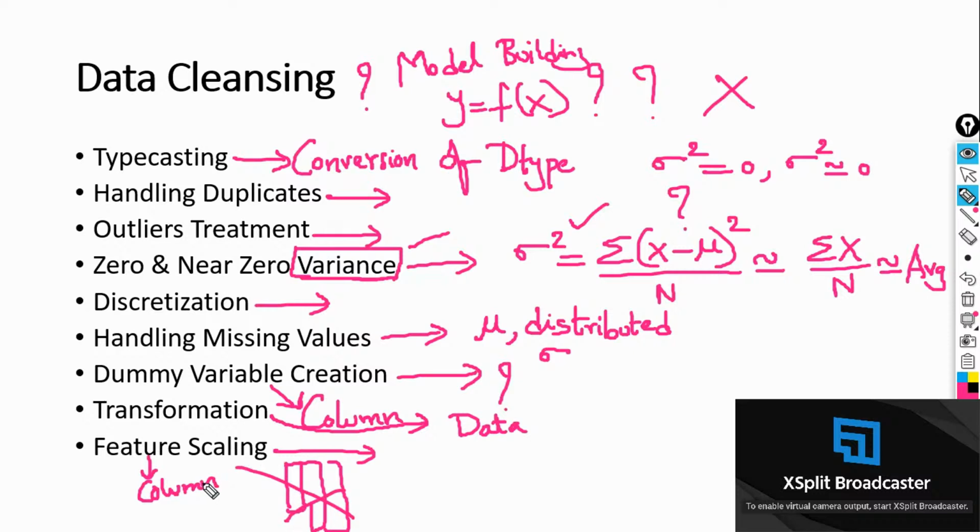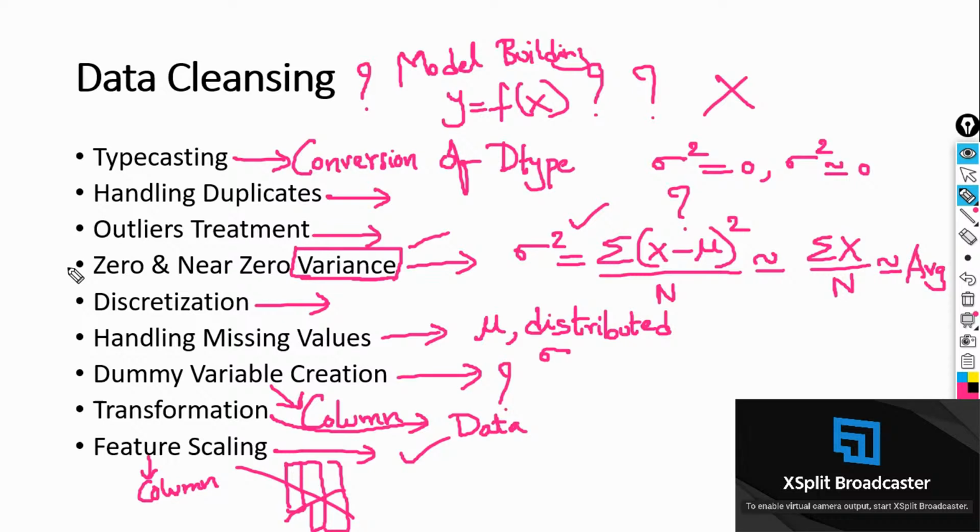We will try to scale or shrink all the columns present in the data to a particular scale. Why is this important? What is the purpose of doing feature scaling? We'll discuss. So this is just the overview of each and every step present in data cleansing.